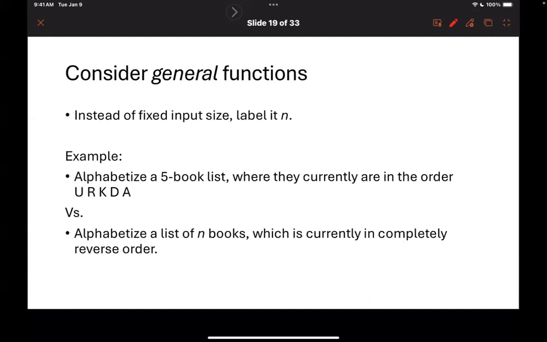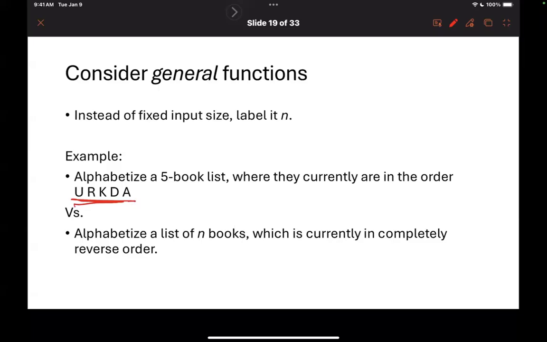Okay, so now we're going to start to consider general functions. In the previous examples, we had some sort of fixed input, like a list of 5 numbers or a list of 5 books. And we've got one solution over there of you switch the first and the last, and then you switch the second and the second to last.